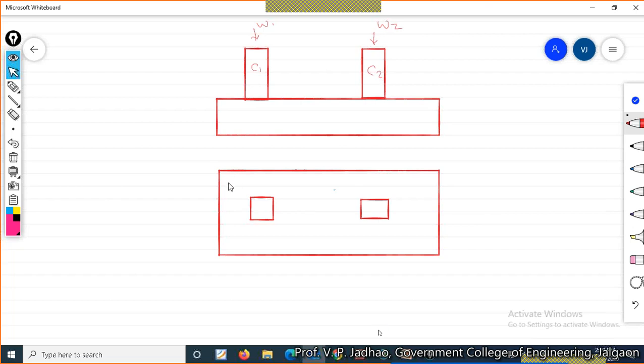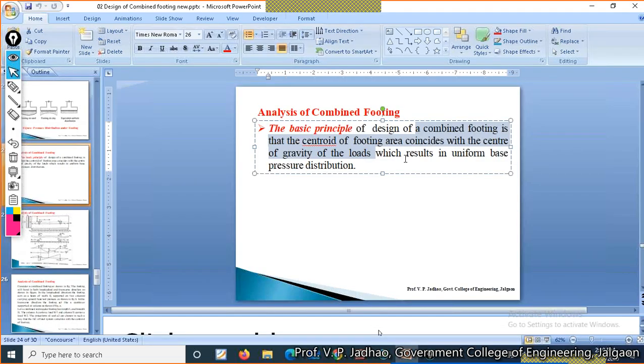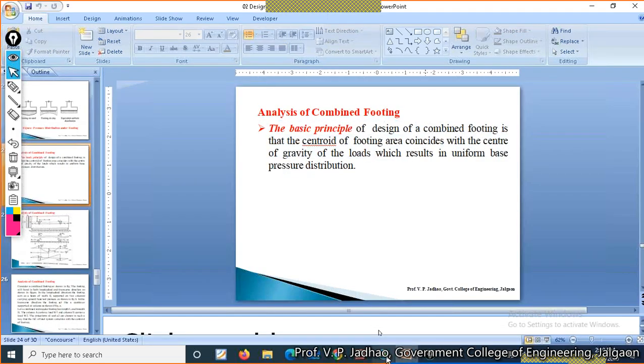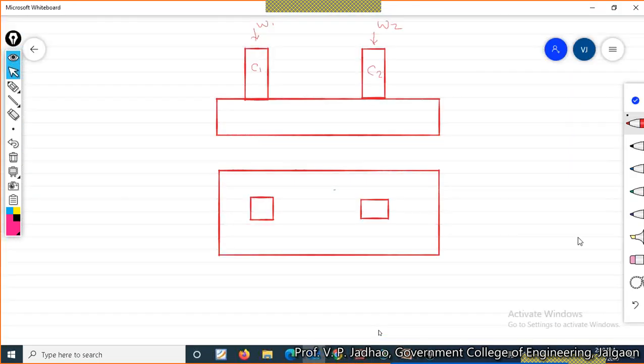Now the basic principle says it should result in uniform base pressure distribution. So we'll design this particular footing in such a way. Let us assume that the centroid of W1 and W2 is acting here.